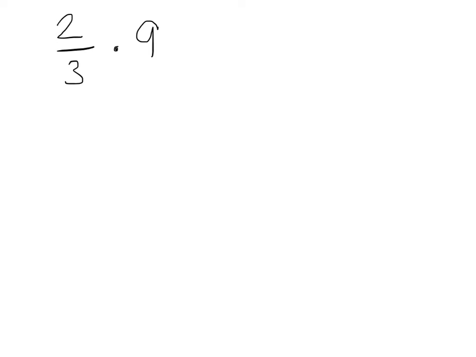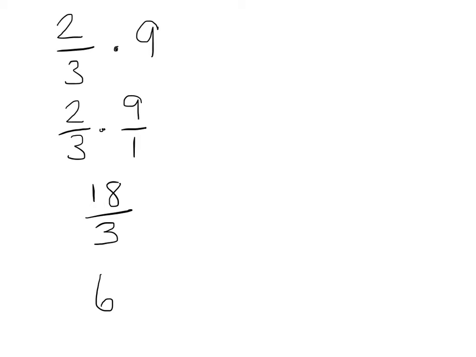So notice what's happening here with the mathematics when we do 2/3 times 9. We've got 2/3, and we're going to rewrite 9 in fraction form, 9 over 1. And we said 2/3 times 9 ended up being 18 thirds, and 18 thirds is 6. So where did we get the 18 from?